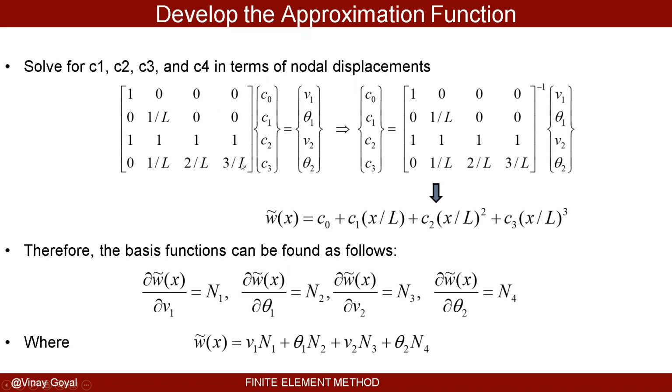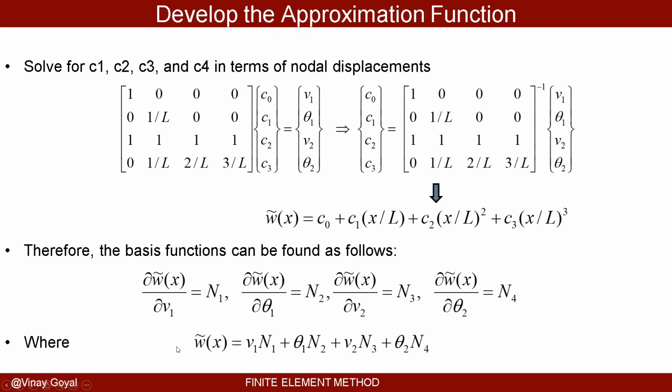And so here's what I get. I want to solve for C0, C1, C2, and C3. And when I do that, I can invert this matrix. I don't need to do it by hand. And when I invert that, I can find the basis functions as I discussed in the previous few lectures. I take the partial of W tilde with respect to V1, and then I can get the shape functions.